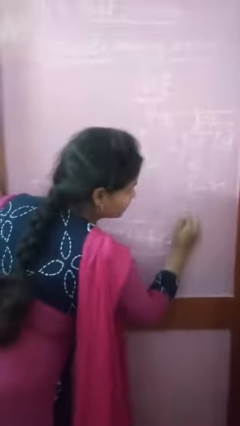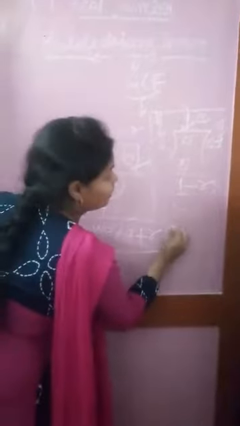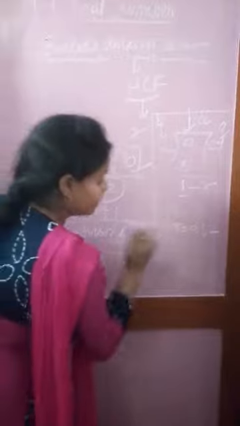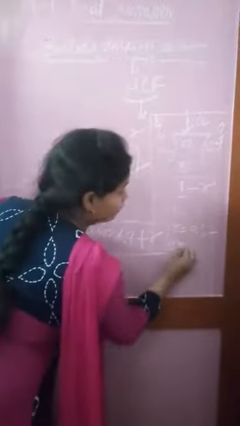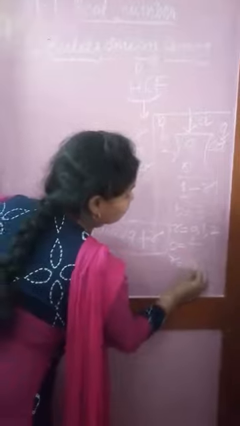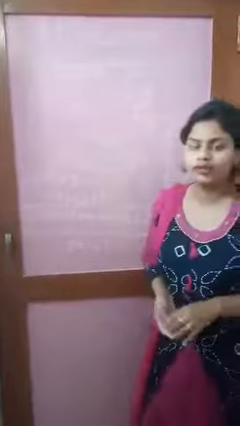If b is equal to 3, then the value of r will be 0, 1, 2. If b is equal to 4, then the value of r will be 0, 1, 2, 3. So this is Euclid's division lemma, and by this theorem we have to solve exercise 1.1. Thank you.